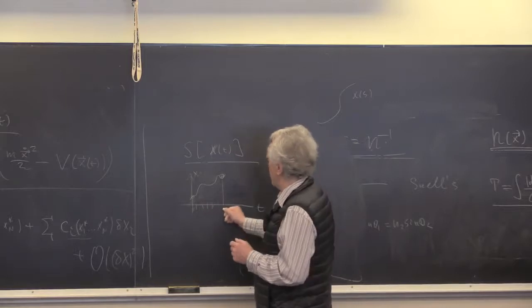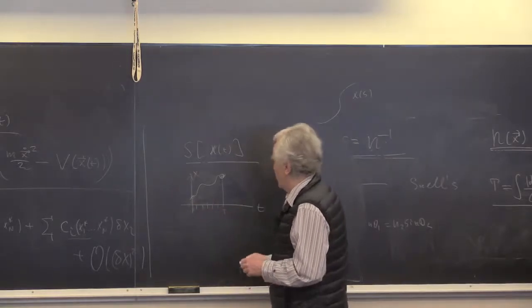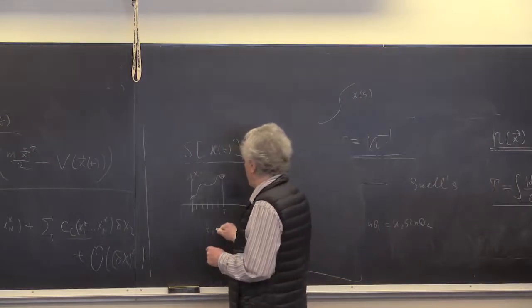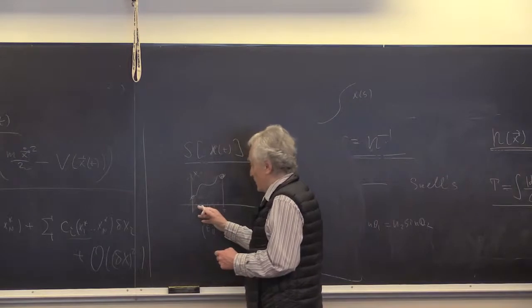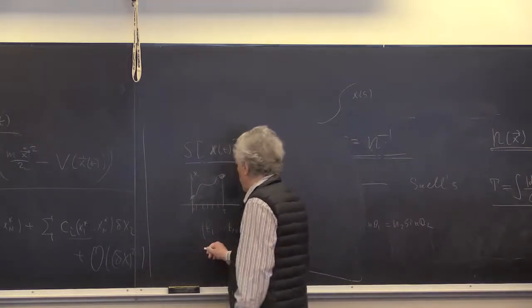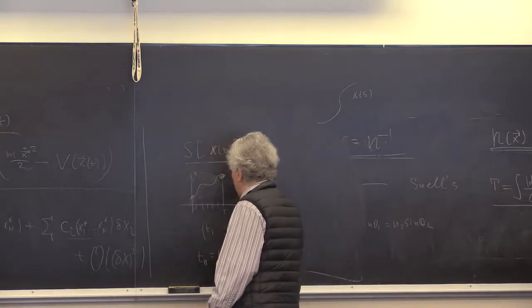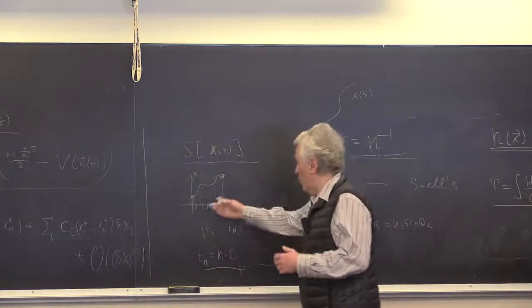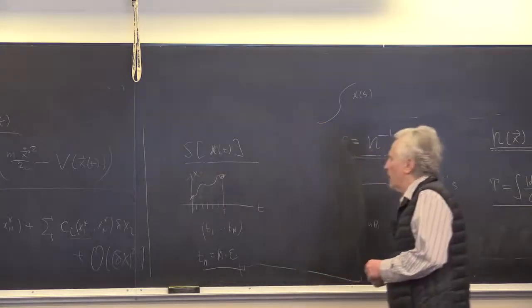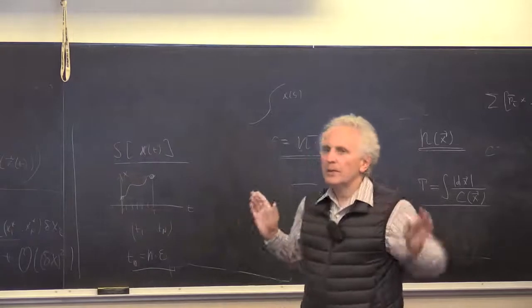Suppose that, instead of this interval, we split it into many points, and we have t1, tn. In principle, you can choose tn to be n epsilon. Not necessarily so, but suppose I work with discrete time.